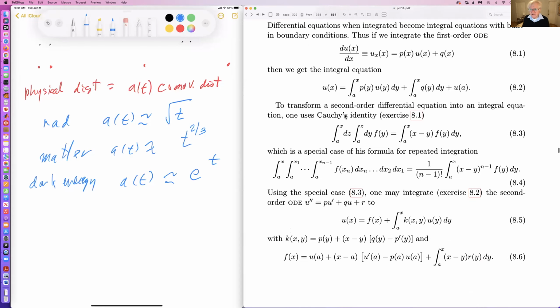So what one can do is one can use one of Cauchy's identities, and one has to admire these guys, how much they did. And as I said to you before, we find things like this, or Cauchy's integral formula and so forth, and we say, oh, isn't that amazing? That is just scratching the surface.